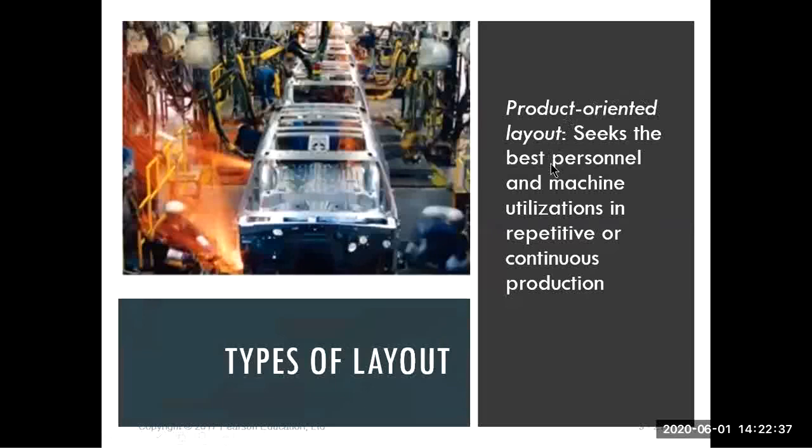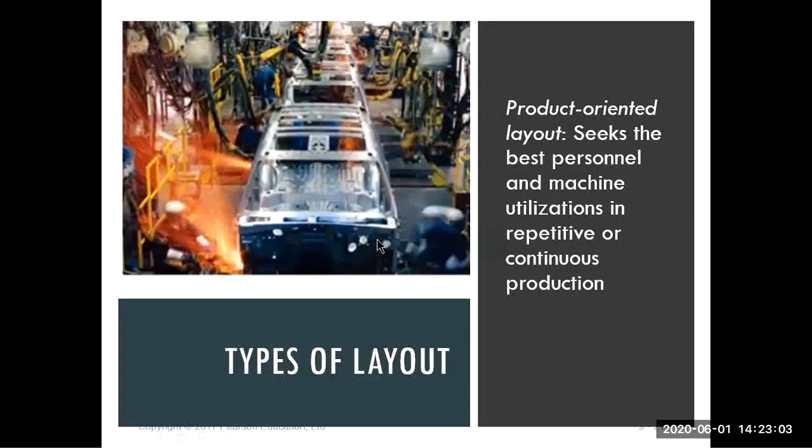Next, product layouts, to utilize the machines. Usually it's suitable for repetitive or continuous production. You arrange the workers, the equipment and machines, based on the process to produce that product.